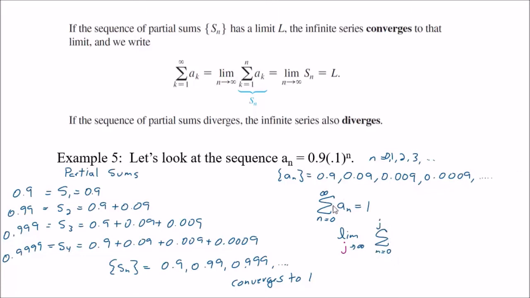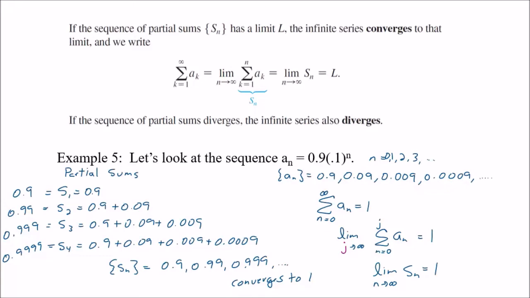N is representing the terms in my sequence, a sub n. That equals 1. And we know it equals 1 because of this piece right here. Because the limit as n approaches infinity of the partial sums, which we saw over here, this limit of these guys is equal to 1, which is our L, our limit.